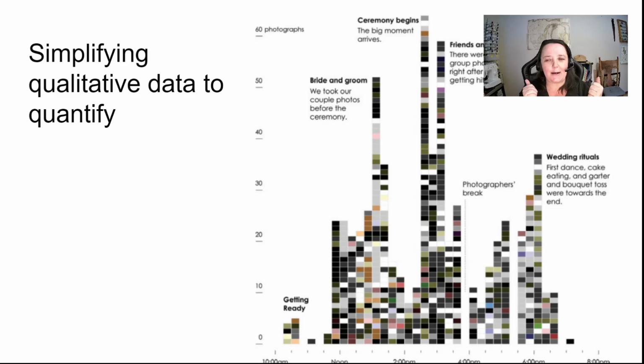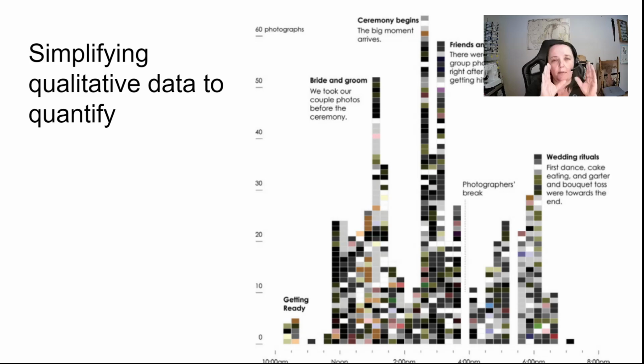So they take the qualitative data and they look at it as a collection of observations. And to simplify and to be able to see the patterns, they break it up by time when the photo was taken. And then for each photo, they give it a color: if you looked at the overall photo, what's the main color in that photo, right? So they're generalizing from the specifics of the photo to bring out this pattern in what was going on at the wedding, right?